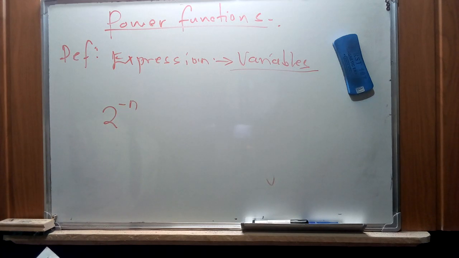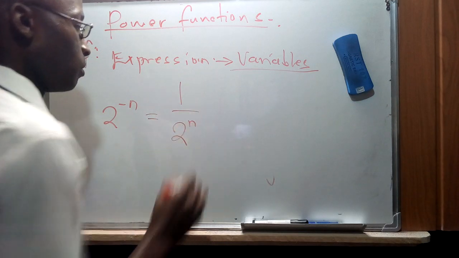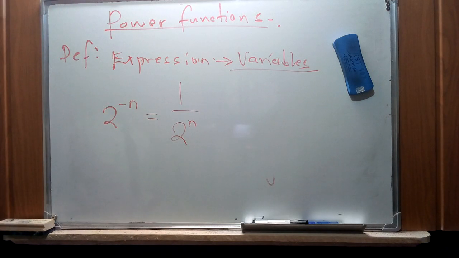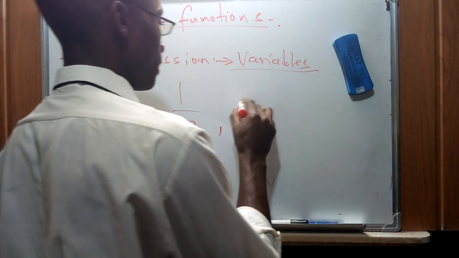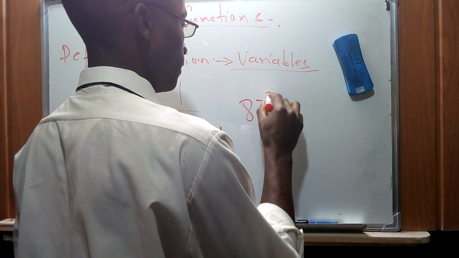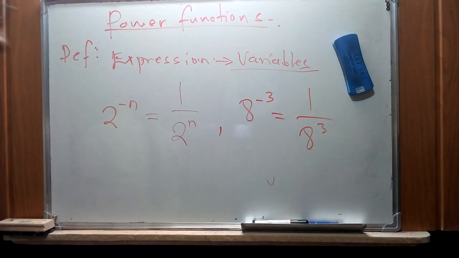Given a number like this, we can express it as 1 over 2 raised to power n. Similarly, if given a number like 8 raised to power negative 3, we can express it as 1 over 8 raised to power 3.